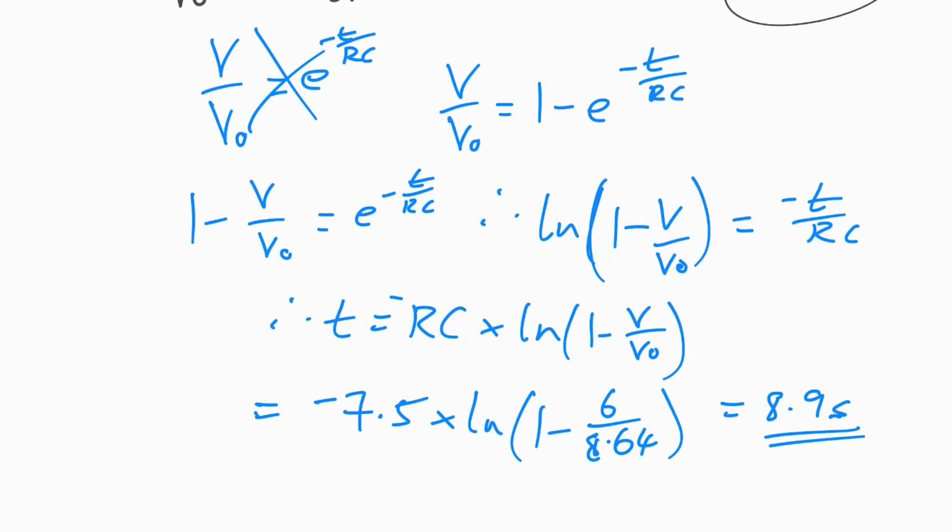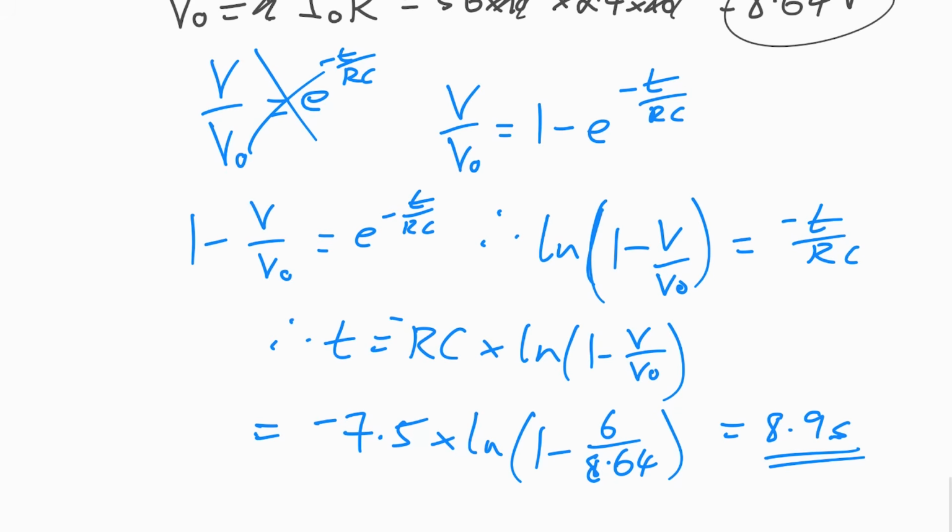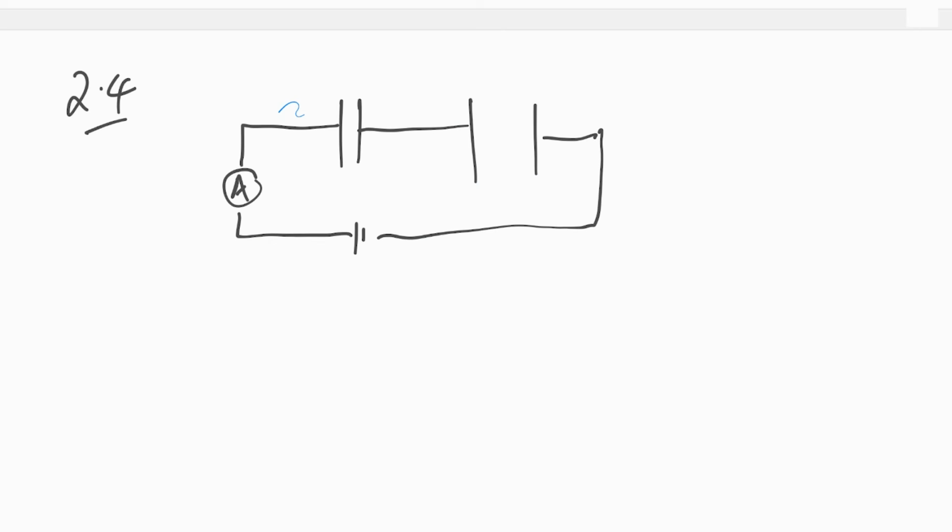Honestly, I saw the decay graph and I immediately went into discharge mode, but you've got to remember that that is for the resistor in this case. And so therefore this is a charging question. Just be very wary of that. Whenever you see a charging capacitor question, you're probably going to have to be using this version of the equation instead.